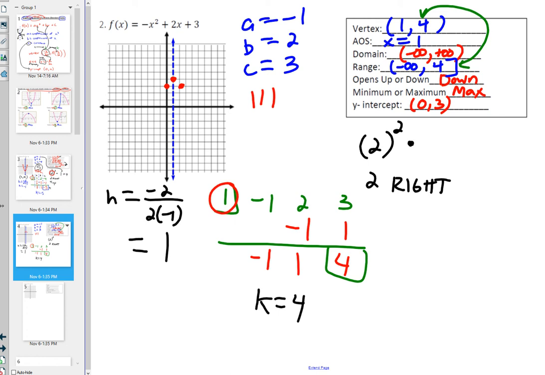And then you're going to multiply times a, which is -1. What is 2 squared times -1? -4. Which means I'm going to go 4 down. So I will go up to my vertex, go 2 to the right, go 4 down. That actually puts me on the x-axis at 3, 0.